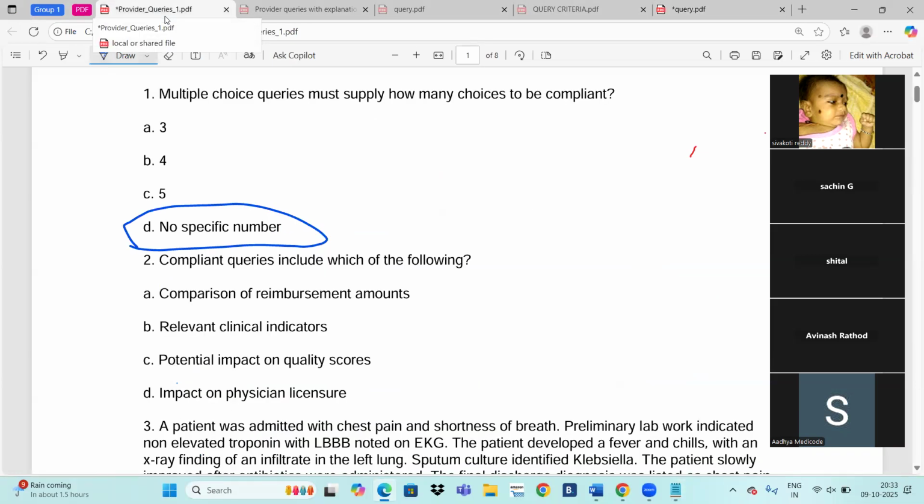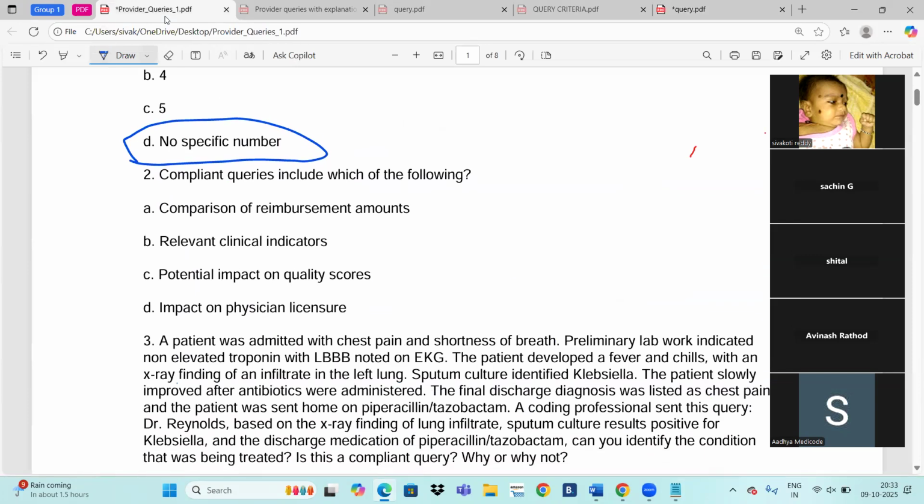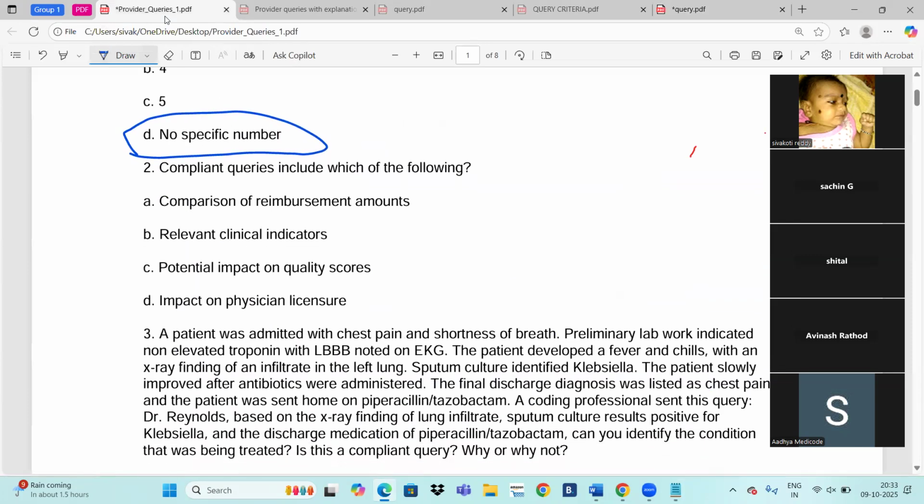Next, those who already know the queries, just listen. If you answer, at least those who don't know can try. Next, compliant queries include which of the following? While we are raising a compliant version of a query, what do we need to find in the record? Those who already know IPDRG, just watch.